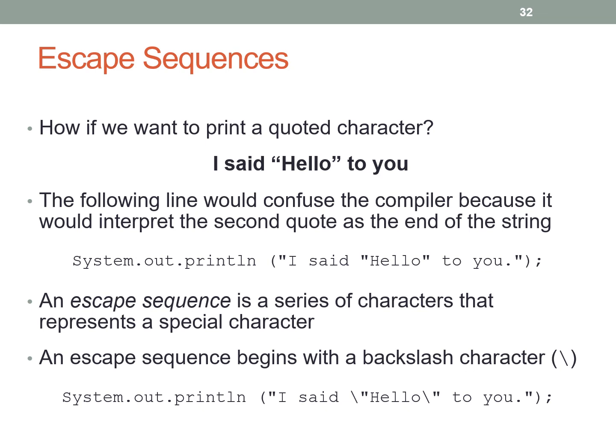An escape sequence is a series of characters that represents a special character. An escape sequence begins with a backslash character. We can rewrite this as "I said \"hello\" to you" to enable the output to display the double quote for the word hello.